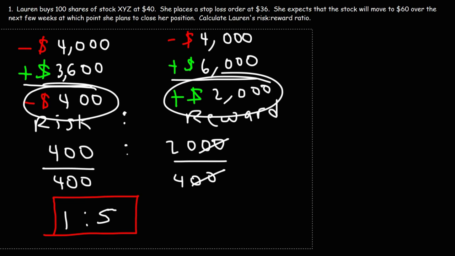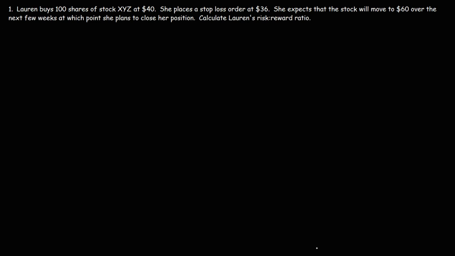Now, another quick and simple way to calculate the risk-reward ratio in this particular problem is to analyze it looking at just one single share of stock. She's buying the stock at $40, and at worst she's going to sell it at $36. So the most she can lose if the stock moves against her is $4 per share.